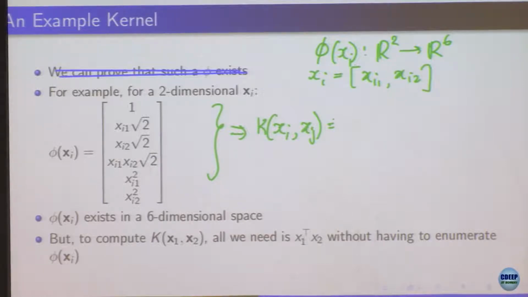Okay, now tell me the form of k(xi, xj). Simple algebra. k(xi, xj) is nothing but phi(xi) dot product with phi(xj). Tell me the form.